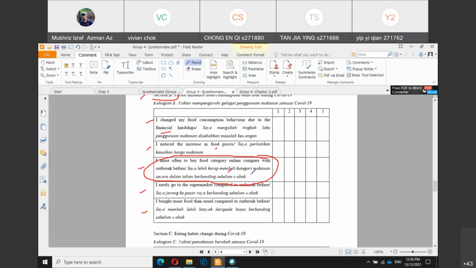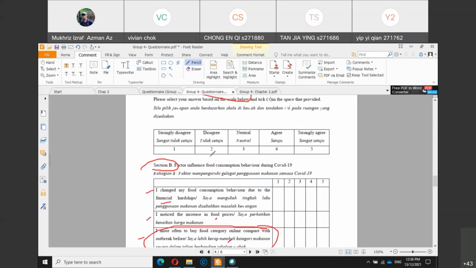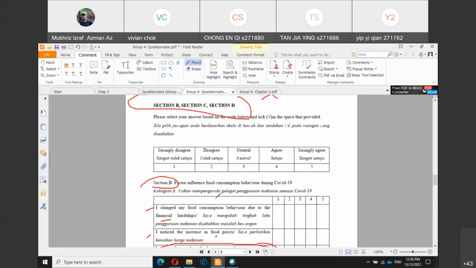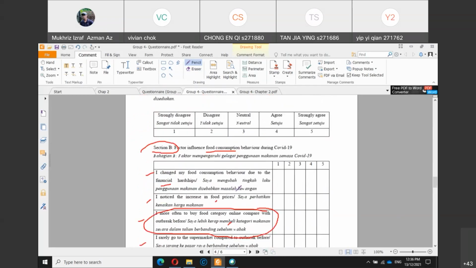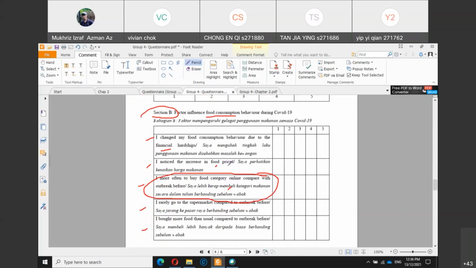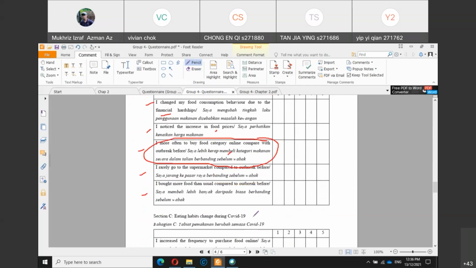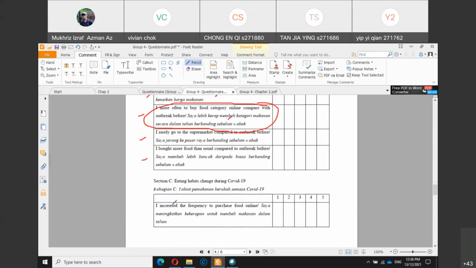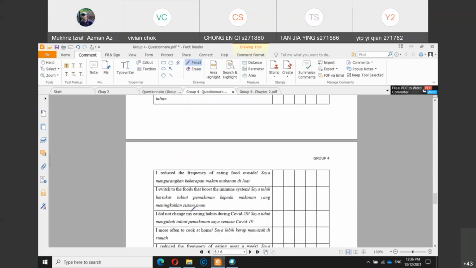That's the problem when you mix questions. They belong to different topics, so it becomes bercampur aduk. This one is about food consumption, but here you are talking about food prices, and how frequently you go to the supermarket. Then eating habits, and again here you have food purchase online, which is similar to the previous question.